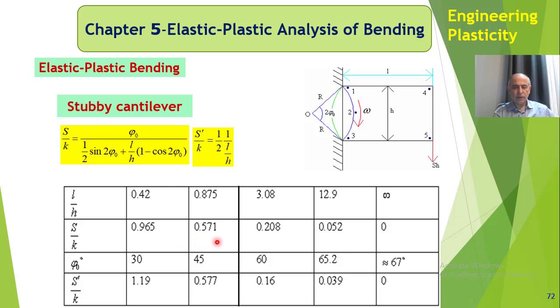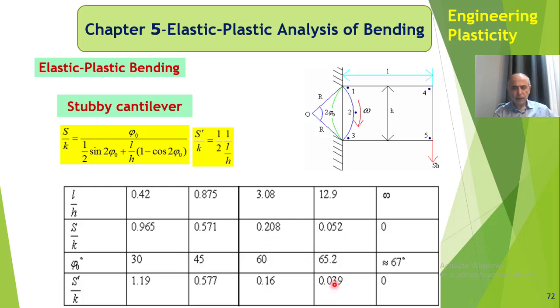Okay, here you can see the difference. And also here, it changes again. Okay, because it's not anymore a stubby cantilever. So with this one you get lower answers, okay, lower answers, which is the correct one. Because if you use this answer for the collapse load, you get higher loads, but here you get lower loads.